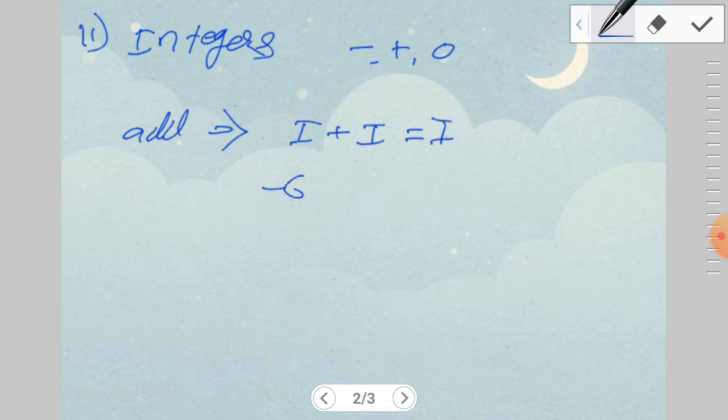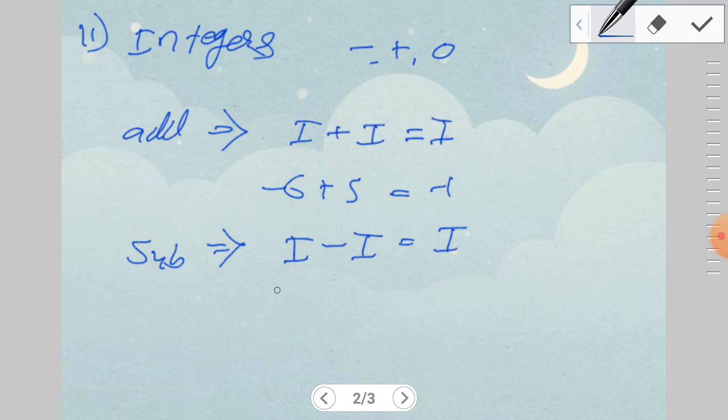So minus 6 plus 5 becomes minus 1. It satisfies that rule. Another is subtraction. An integer subtracted from an integer should be an integer. Like 7 minus 5 is 2, and 5 minus 7 is minus 2, which is an integer.